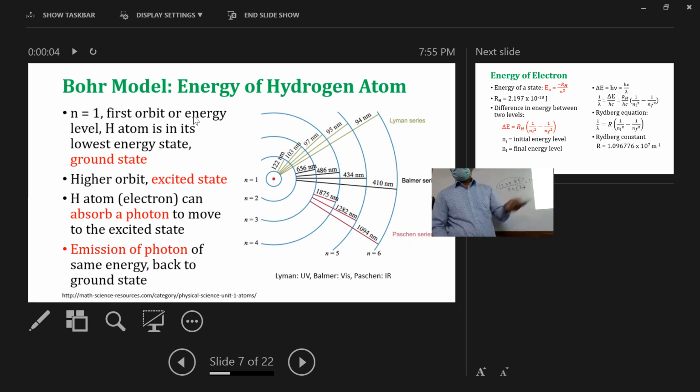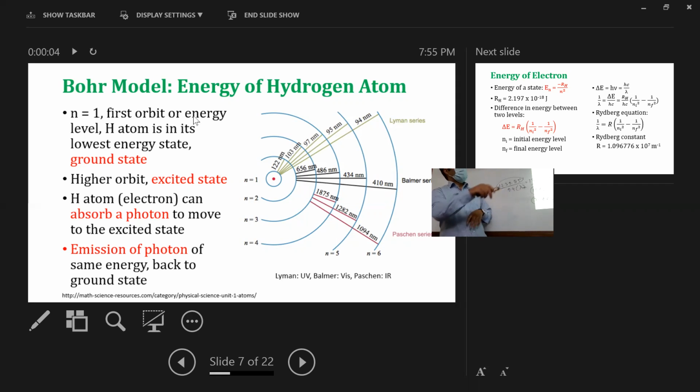Still, this electron has some energy. We have mentioned we have 13.19, but it released 10 electron volt. So still the atom or electron has energy of 3.19 electron volt inside. So do you think it should come back to the first shell? No. Then where should it come back? Somewhere in between, that means either this one or this one, depending on the energy.